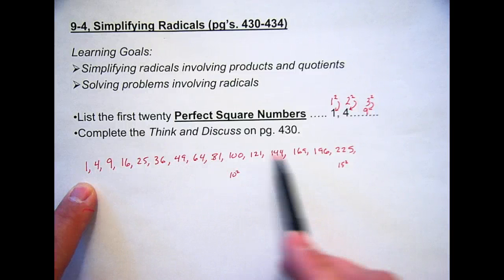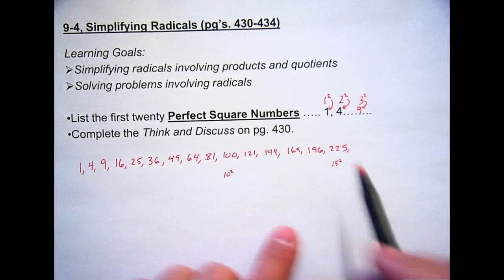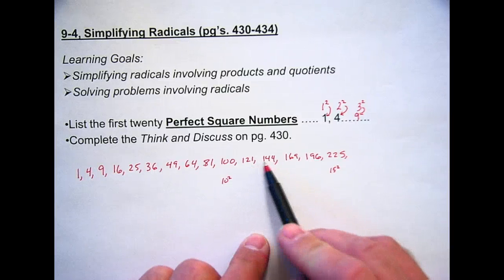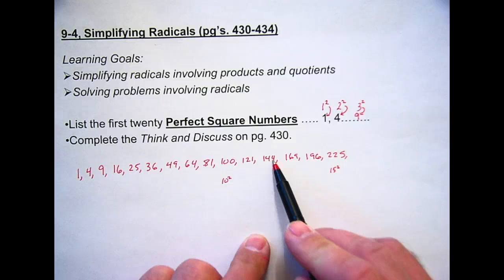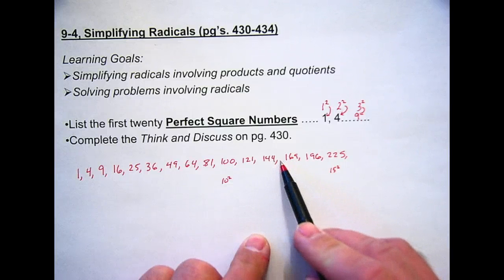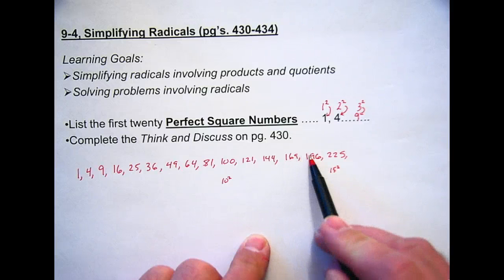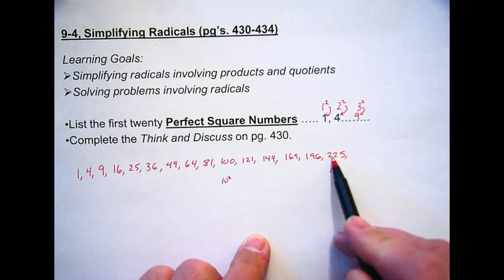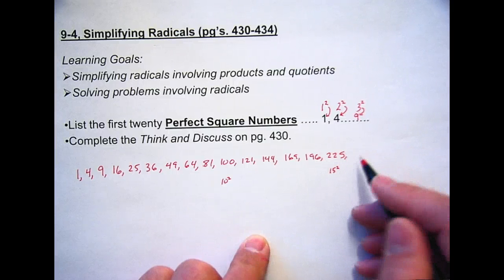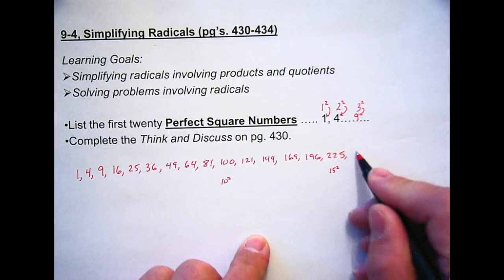Everyone see that pattern? So if you knew 121 and 144 and I added 23, that means I'm adding 25 here. You add the next consecutive odd number. So you add 25, you add 27, you add 29. If I didn't know what 16 squared was, I'd add 31, which would give me 256.